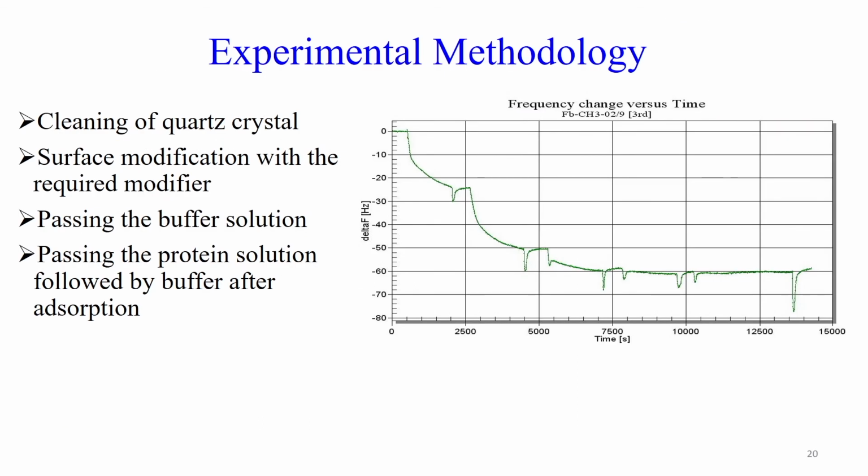So, as I told, first you have to pass the buffer solution, then if you want to use the surface modified crystal, that also is possible. Then you pass the protein solution, then again you pass the buffer solution to remove the unadsorbed protein. Then, let us say here you pass protein A, here you can pass protein B, you can pass protein C, or you can also pass the same protein but increase the concentration.